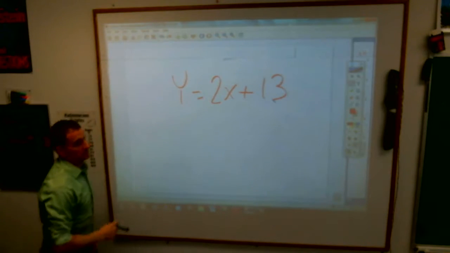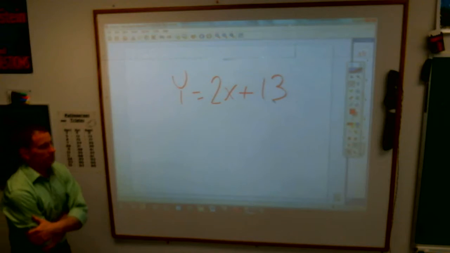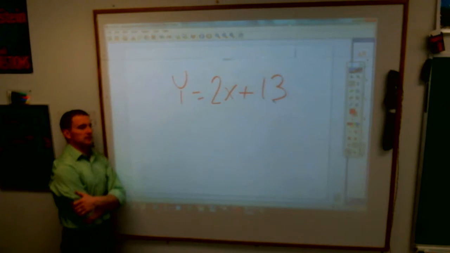Somebody, Noah Clausing, this is a good problem for you. How do I change that to standard form? It's way easy, actually. Standard form's the same as slope-intercept, except both x and y are on the same side.